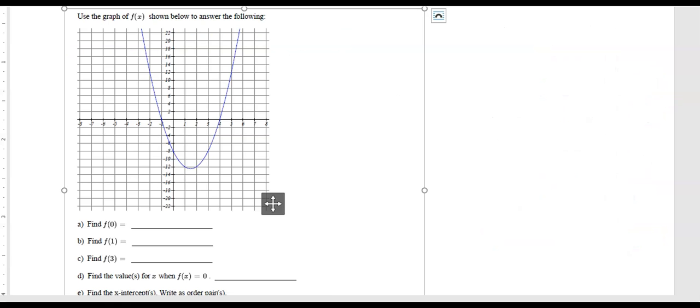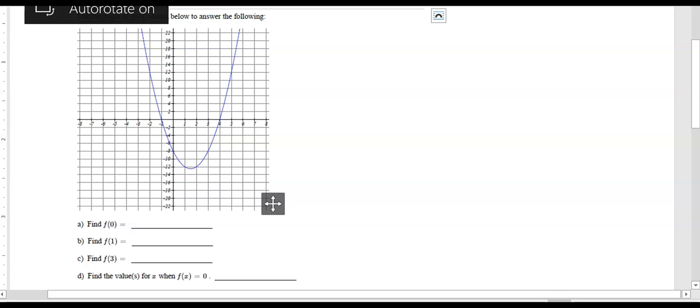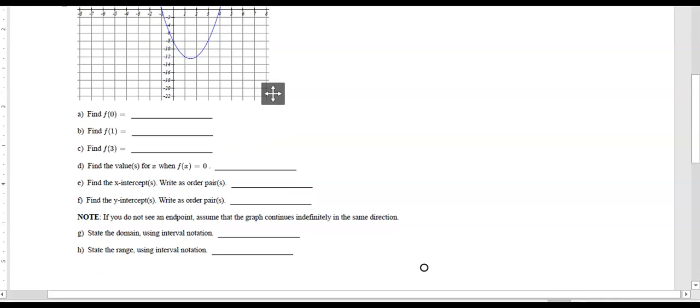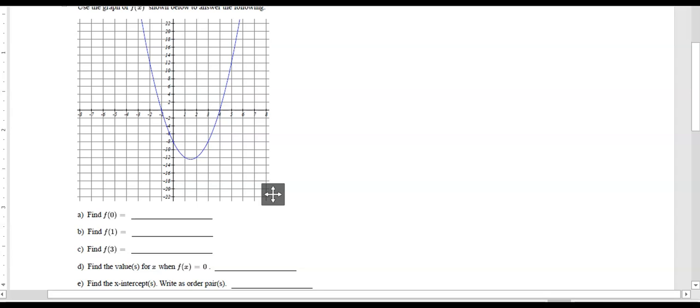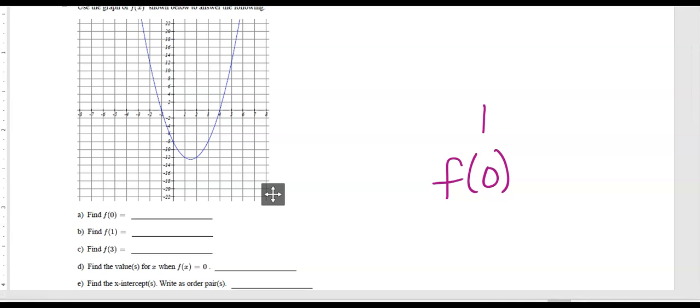Okay, our next problem gives us a graph. It's a parabola, right? We know quadratic, and it says find f at 0. So f at 0, we know that function notation tells us that whatever's in the parentheses is my input, or in other words, your x.